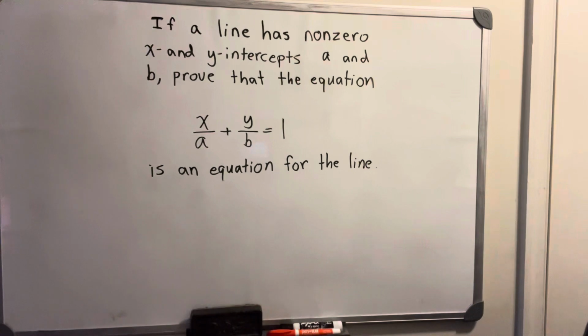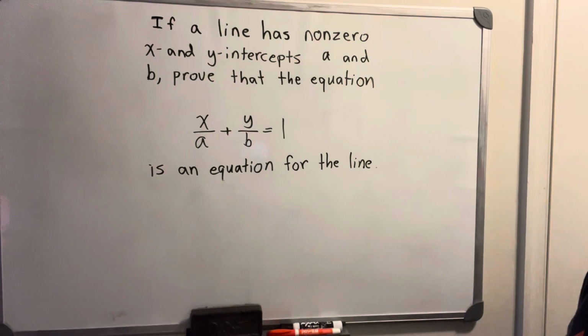This problem states: if a line has non-zero x and y intercepts, a and b, prove that the equation x over a plus y over b equals 1 is an equation for the line.